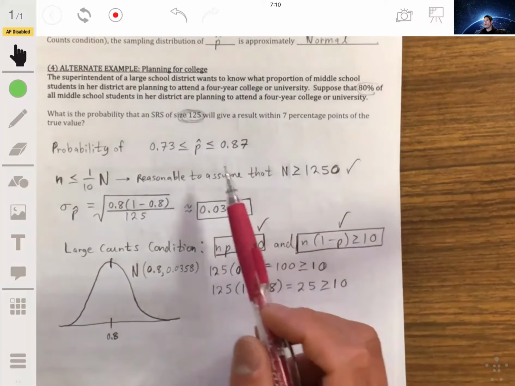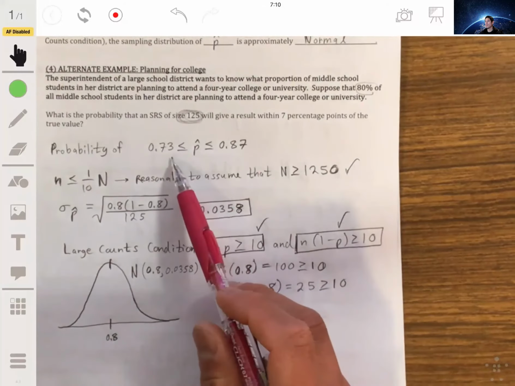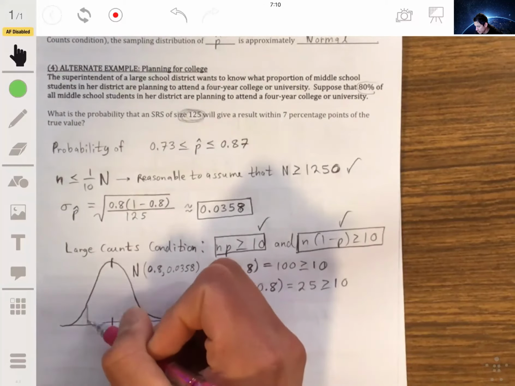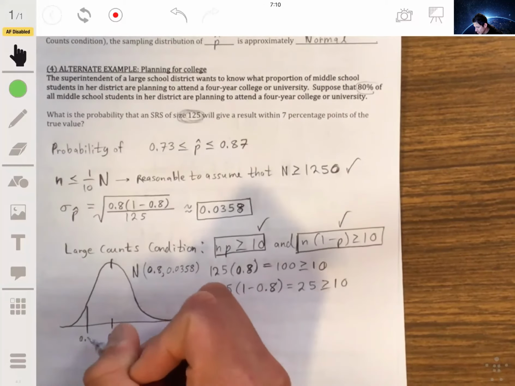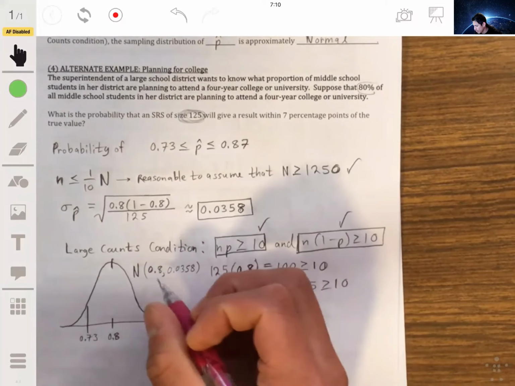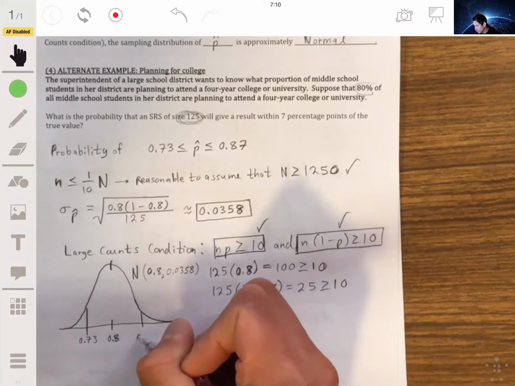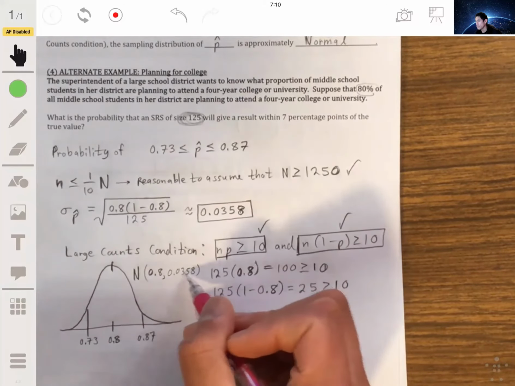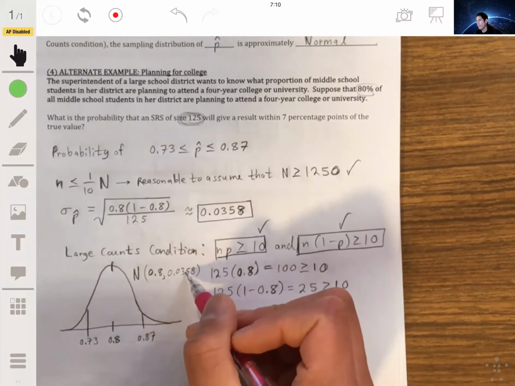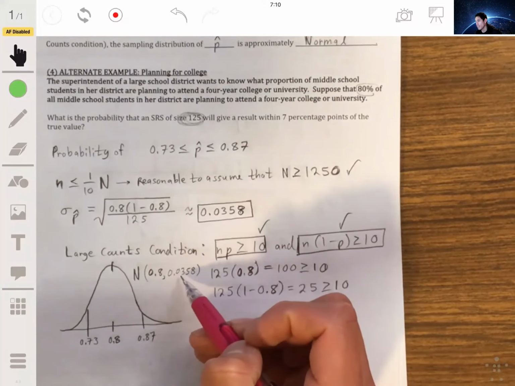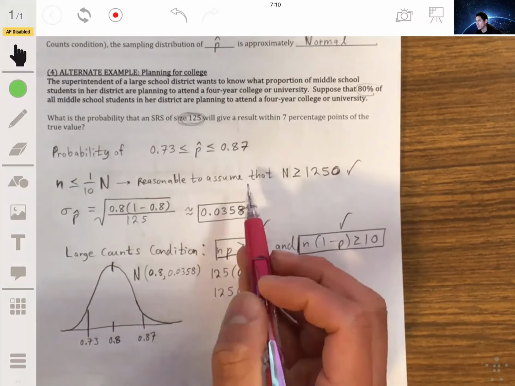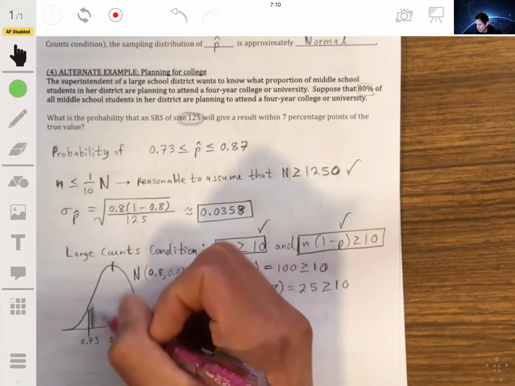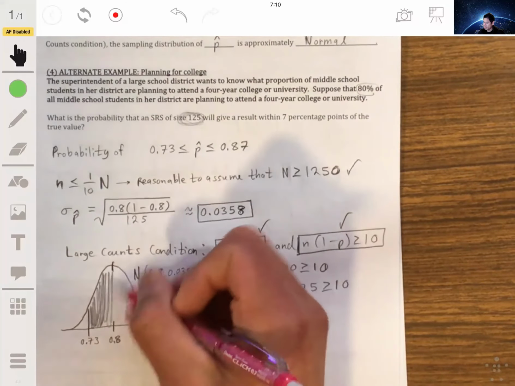And we're trying to find the proportion between 0.73 and 0.87. So 0.73, we'll just say it's over here, and 0.87 over here. We know that's going to be about 2 standard deviations away, because our standard deviation is 0.035, and 0.035 times 2 is about 0.07. So we're trying to find the area of this shaded region, essentially.